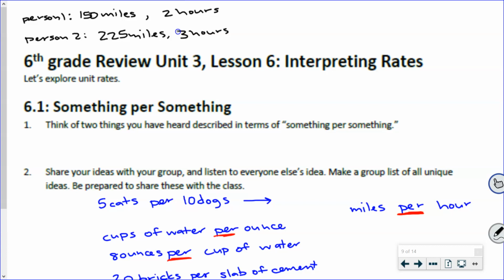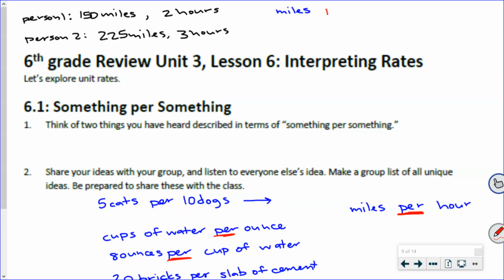Speed. We talked about that just a minute ago, right? How do I find the speed of somebody? Luke? Yeah, we would do the miles over hours because this is miles per hour.